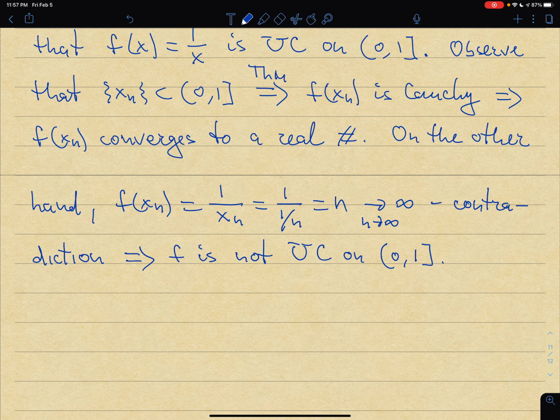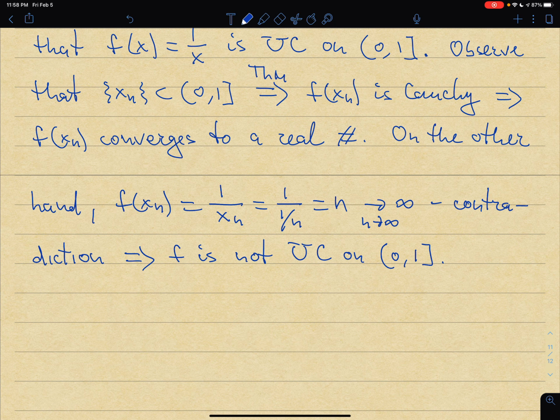On the other hand, if I have a function on an interval that may be bounded but not closed, or possibly an interval that is not bounded, then I cannot apply this theorem anymore. It is still possible that the function is continuous on a closed and unbounded interval, and it's still uniformly continuous. I'll give you an example towards the end of this lecture.